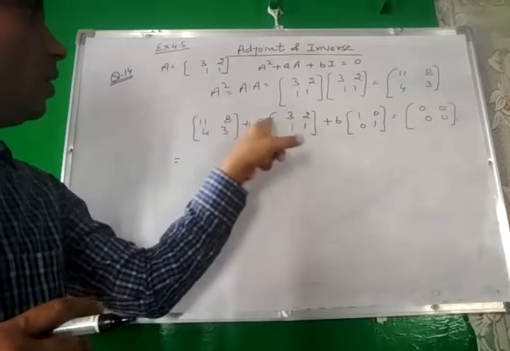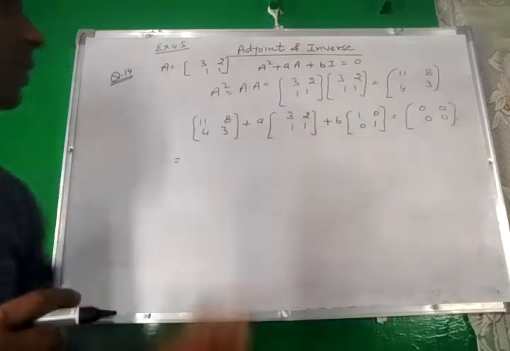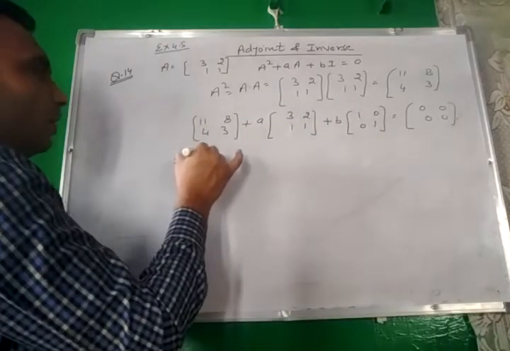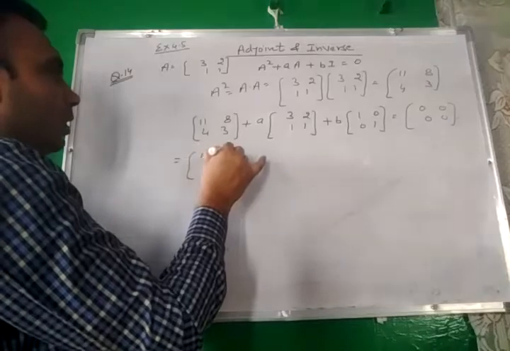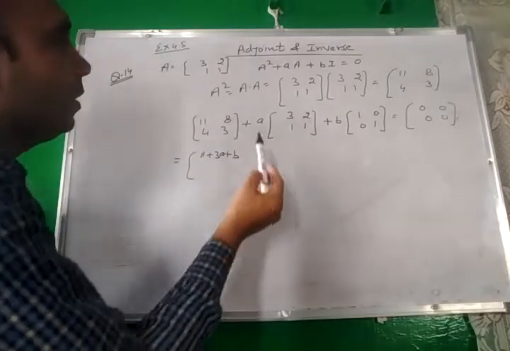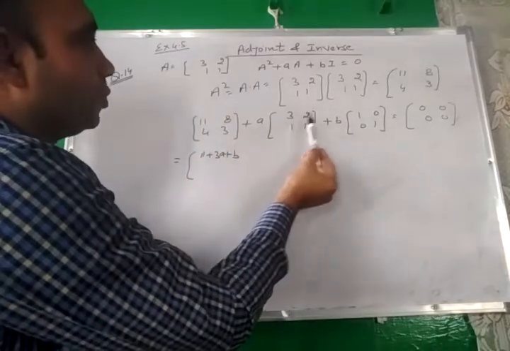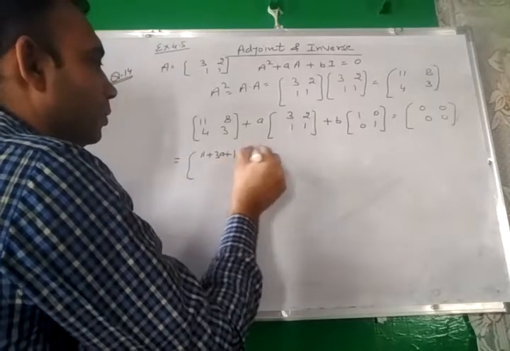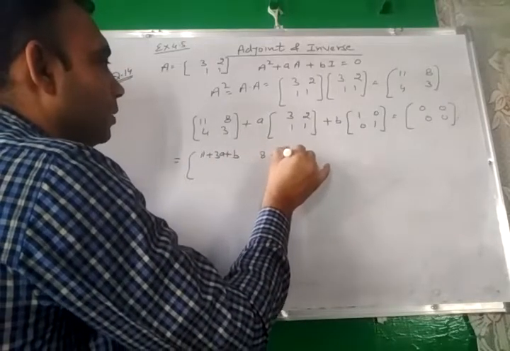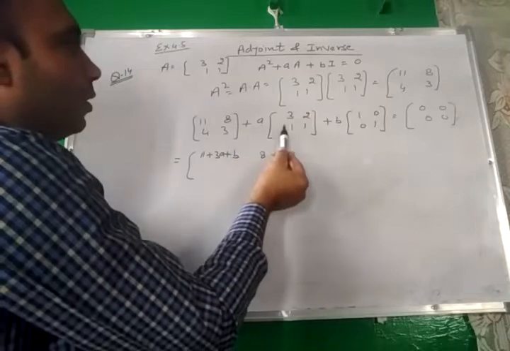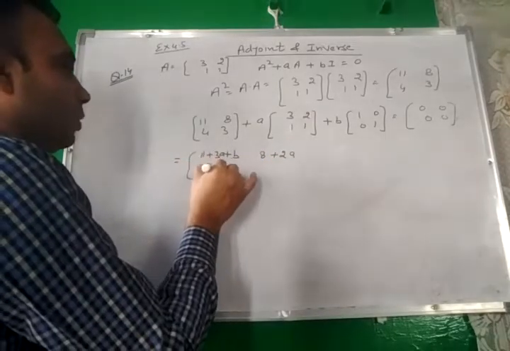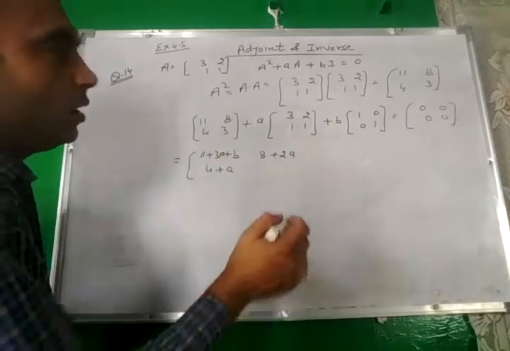Corresponding elements: 11 plus 3a plus b. First element again, 8 plus 2a plus 0, so 8 plus 2a. Then 4 plus a plus 0 implies 4 plus a.